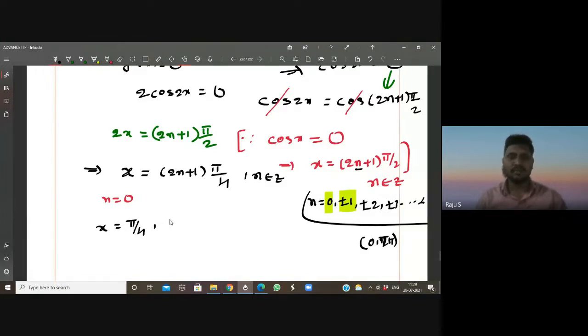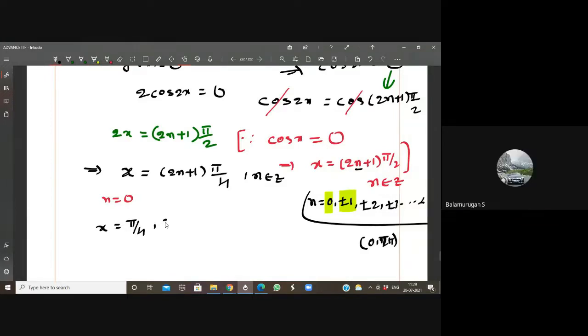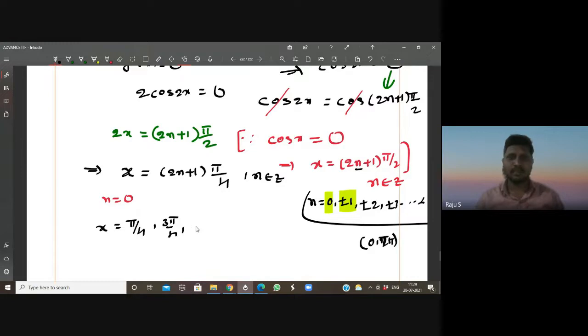Plus 1 first gives 3 pi by 4. Minus 1 gives minus pi by 4. We should not consider minus pi by 4 because it does not belong to 0 to 2 pi.